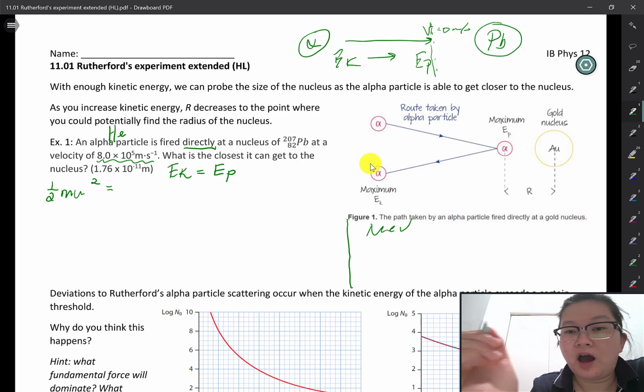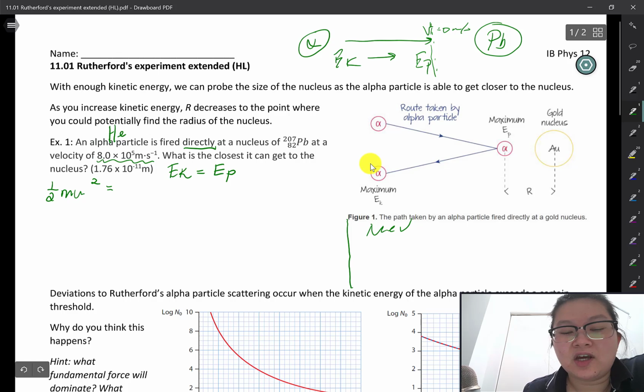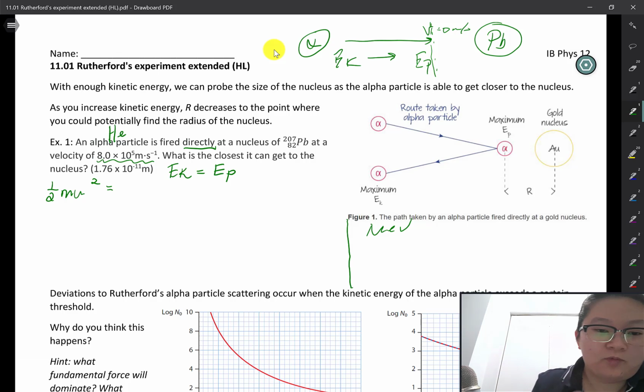Both are positive: an alpha particle is just the helium nucleus, meaning no electrons, and the same thing with lead, just the nucleus with neutrons and protons. So you have essentially a positive charge coming in, getting close to another huge chunk of positive charge, in which this positive charge is going to stop momentarily before it rebounds back from where it came from.